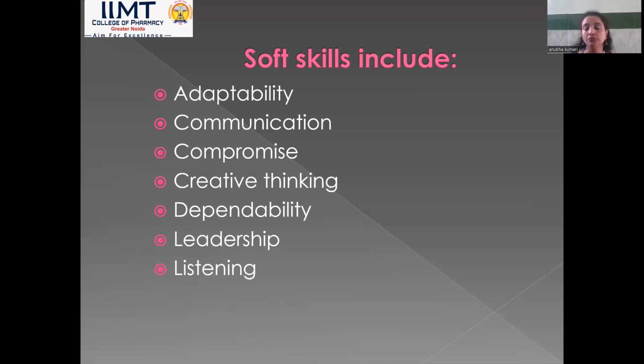Dependability, as in how an employee can be depended upon, or how one person can depend upon another person depending upon the good professional etiquettes and behavior shown by the first person. So, dependability is there.